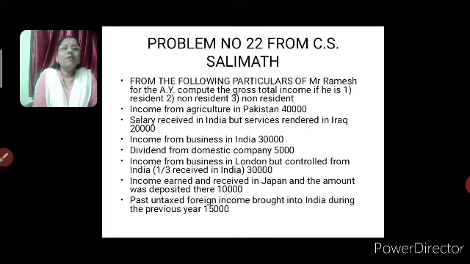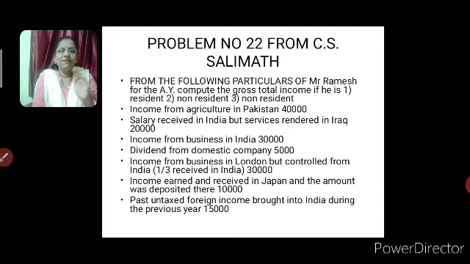First, income from agriculture in Pakistan 40,000, salary received in India but services rendered in Iraq 20,000, income from business in India 30,000, dividend from domestic company 5,000, income from business in London but controlled from India, and in brackets they have given 1/3 received in India, 30,000, income earned and received in Japan and the amount deposited there 10,000, past untaxed foreign income brought into India during the previous year 15,000.